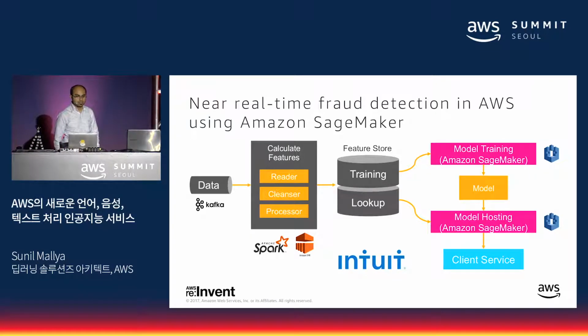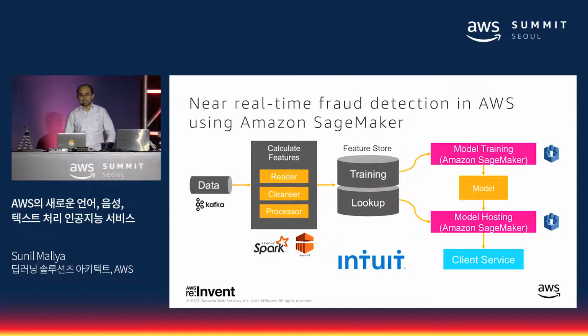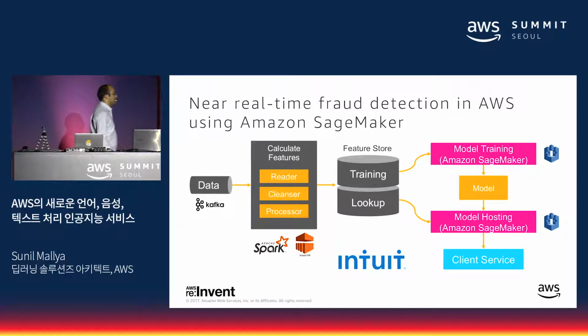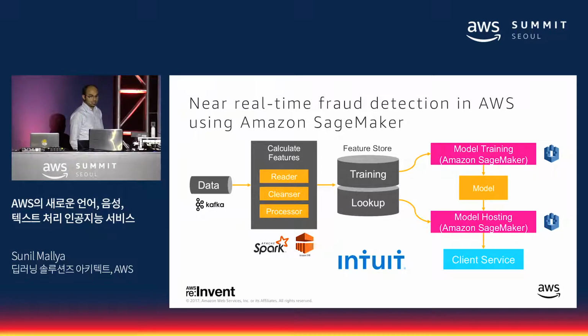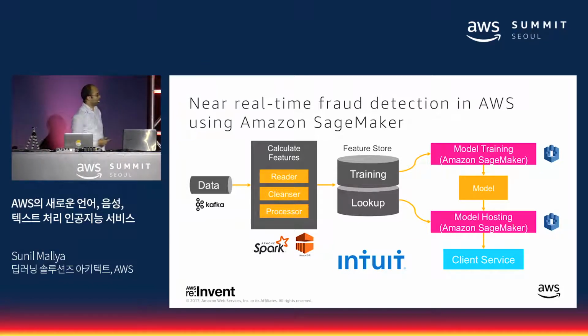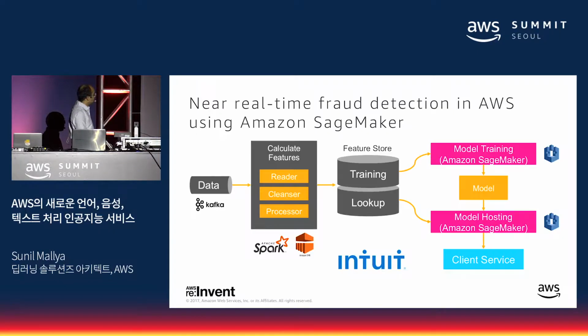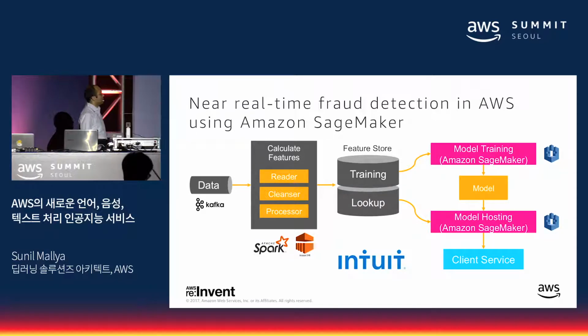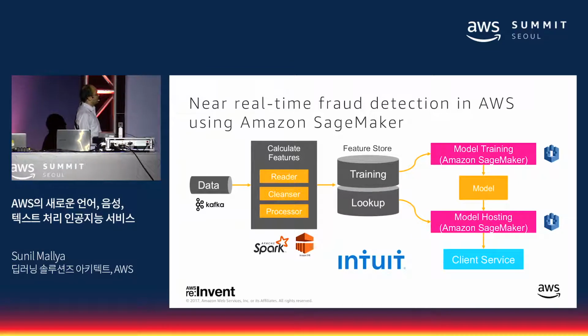And one such example is Intuit, who's using real-time fraud detection in AWS using SageMaker. So they have a data pipeline with Kafka. They use Spark to process that data. Like you can hook Spark and call SageMaker directly to build an end-to-end training pipeline.